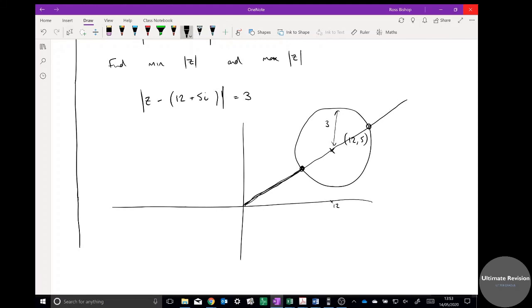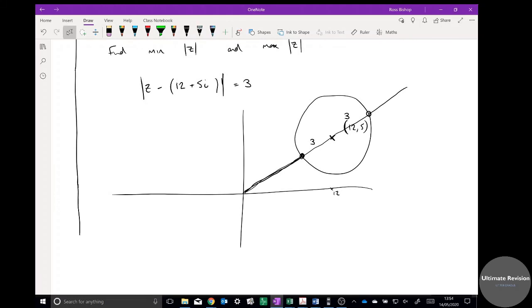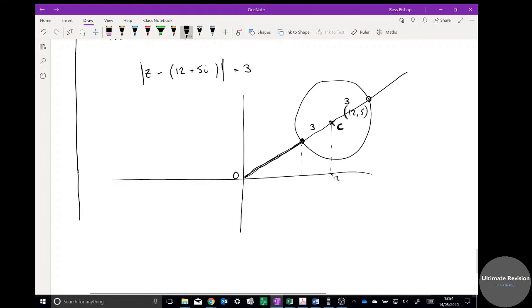Right, now I also remember that is C, and that's a length of 3. Let me just rub this off so it's a bit clearer. And that's also a length of 3. Right, now, I know what I can do here is I can split this quite nicely.